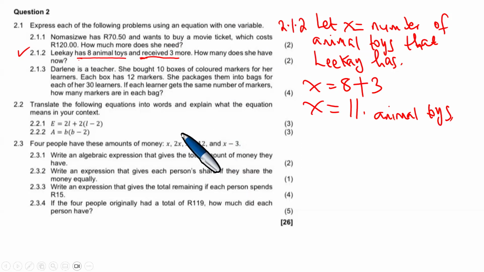Lee K has a total of 8 animal toys and received 3 more, so 8 plus 3 is 11. So x is the unknown, the total number of animal toys that Lee K has, and I believe it's a young person playing with toys, who now has 11 animal toys. Now I know children love toys.